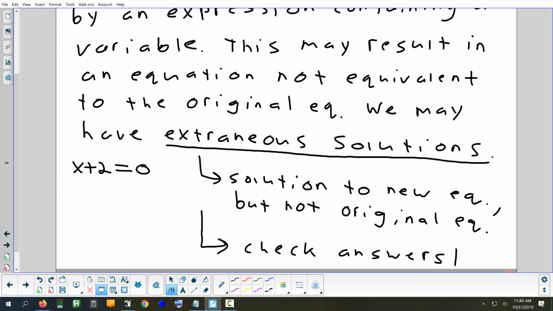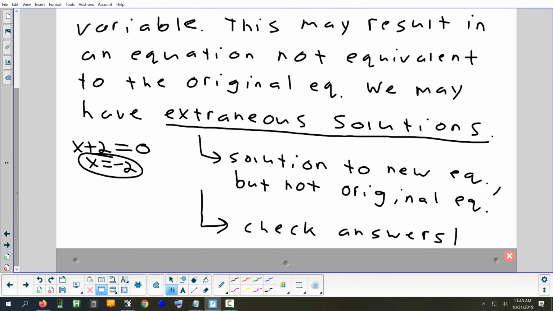If I solve that equation that I just wrote, what do I get for x? Negative 2. Does anybody disagree with negative 2? Is there any other answer to that equation? No. Now, I'm going to take that same equation, but I'm going to multiply everything by x.